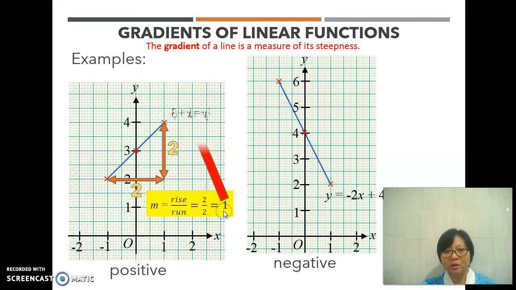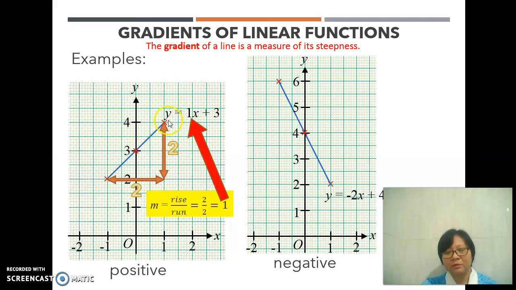Okay, you can see the gradient from just looking at the linear functions. The coefficient of the x variable is the gradient. Without calculating, you can see from the linear function here.